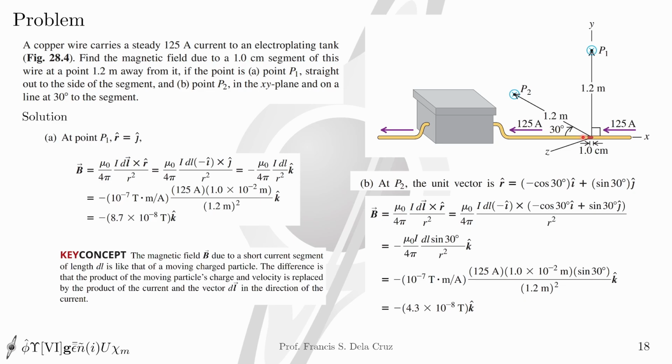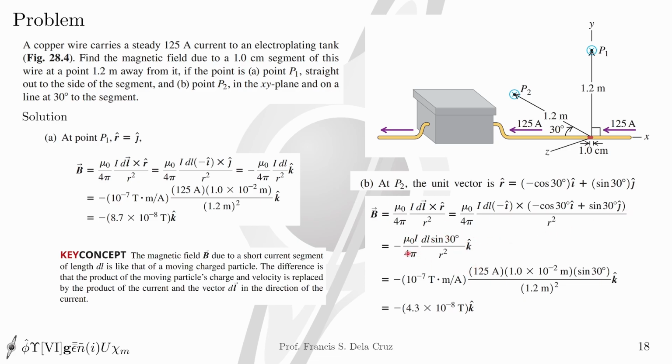Since you are inclined by 30 degrees, you need to get this, and then perform the cross product. So i hat cross negative cosine 30 degrees i hat cross j hat. Take note that i cross i will give you 0, so it cancels. You will only have the sine 30 values, which is negative i hat cross j hat, which will give you negative k hat.